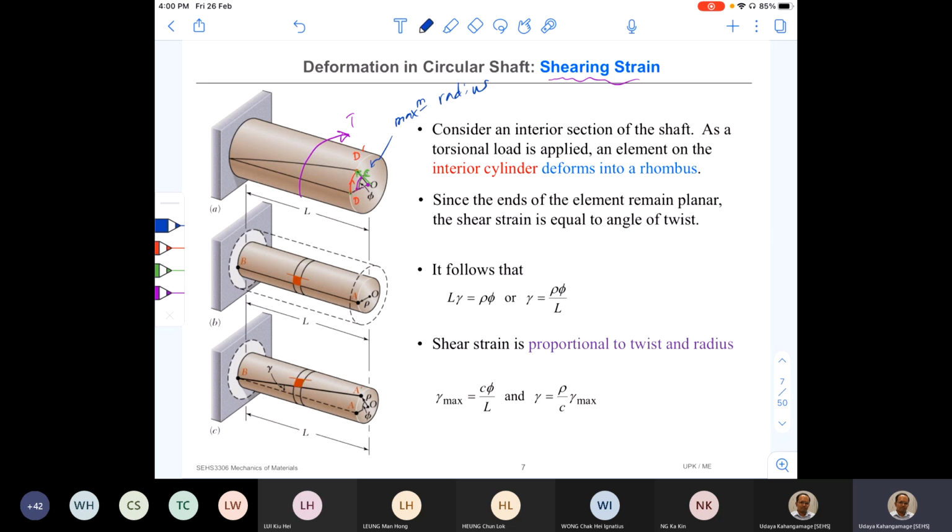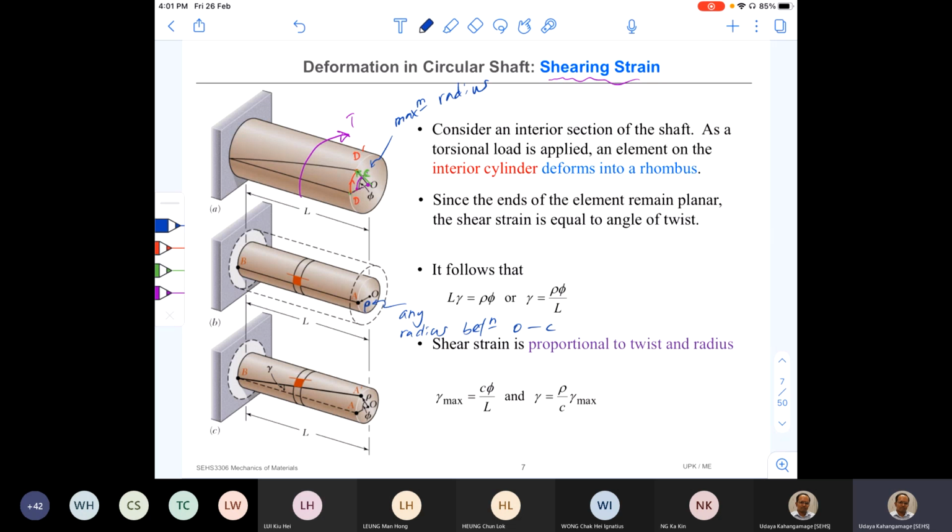Okay, and any radius between 0 and the maximum radius C, that means any radial point between 0 and C, is identified by the letter rho in the second diagram. So rho is a Greek letter, you know that, right? This is any radial position. I say any radius between 0 to C. Okay, so it's a generic point.